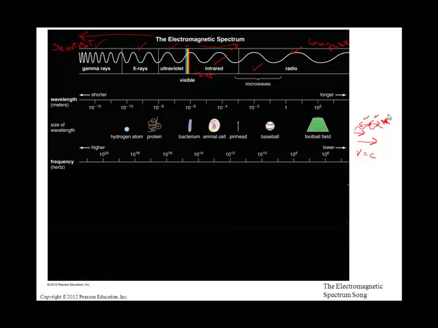So here's the deal. Here you are counting cycles that pass you. So frequency is in per minute, or excuse me, per second, sorry. Hertz are per second. So can you see where if I have gamma rays that are passing my location, I'm going to get a lot of them in a second?